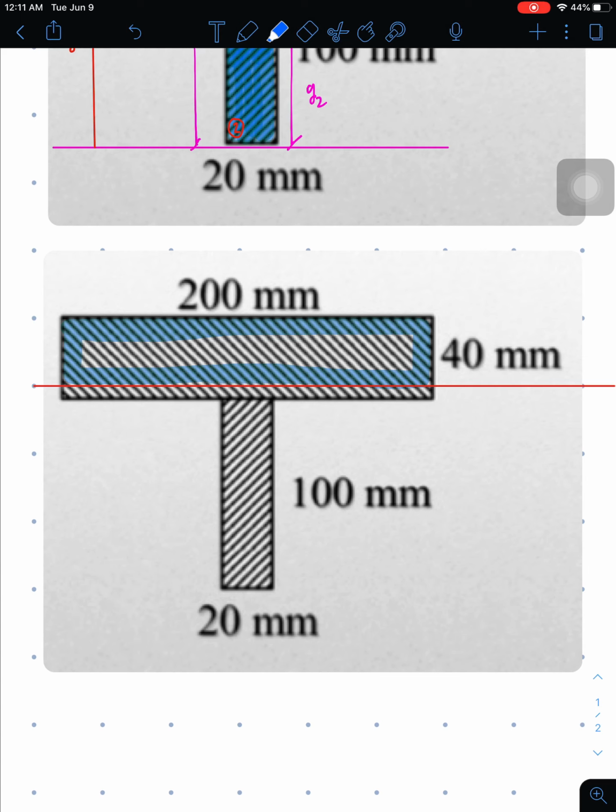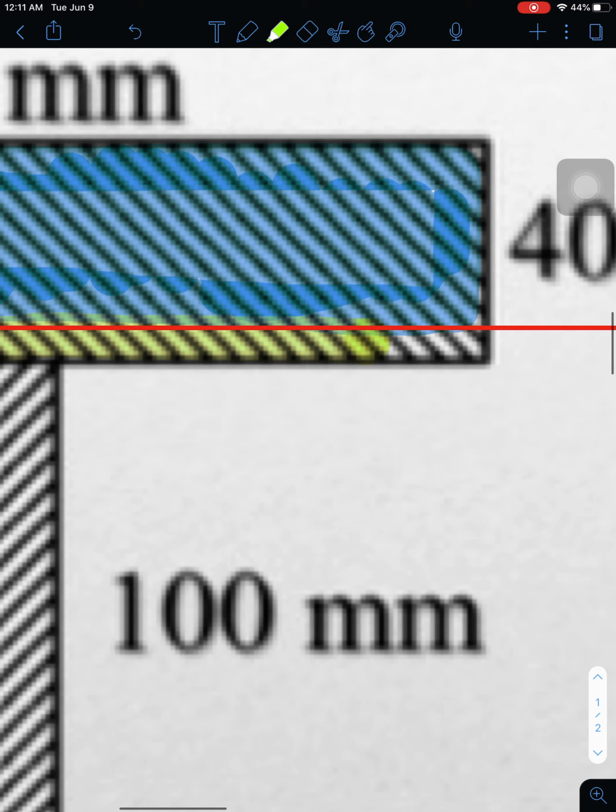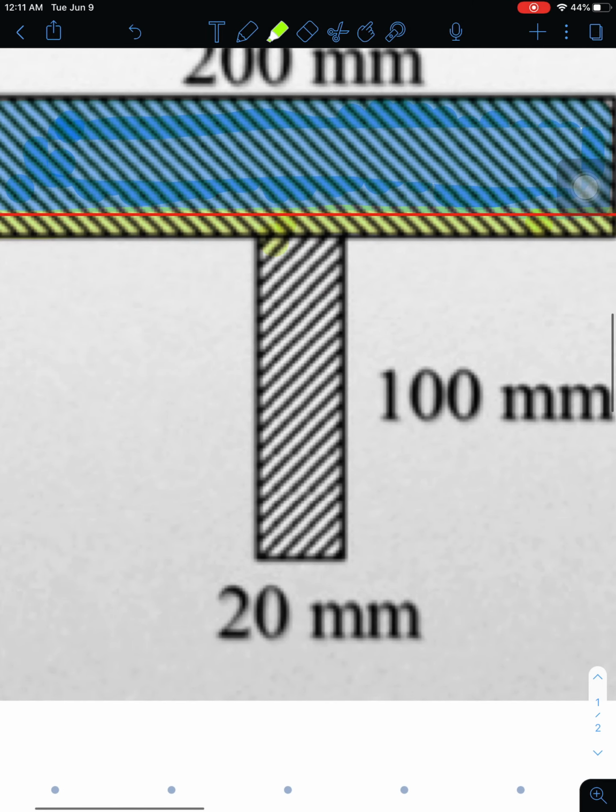So the area is bounded by the neutral axis location. So this is the first area to be considered if you like this. But if you don't like it, then we have a different area here. This one, down to here.